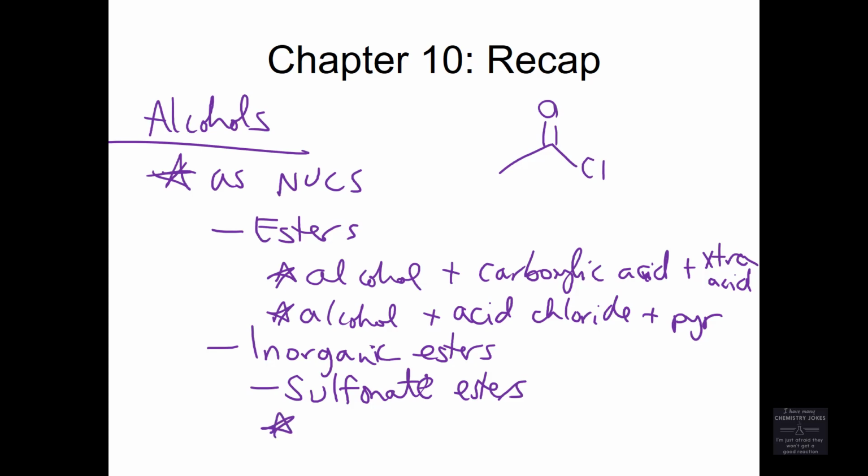Sulfonate esters are alcohol plus a sulfonyl chloride. We saw tosyl and mesyl and triflyl chloride react to make sulfonate esters. We do need to know the mechanism of how sulfonate esters are made.